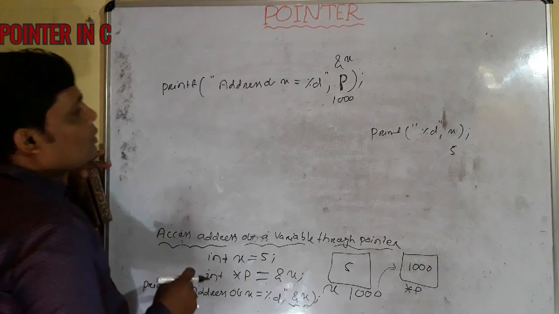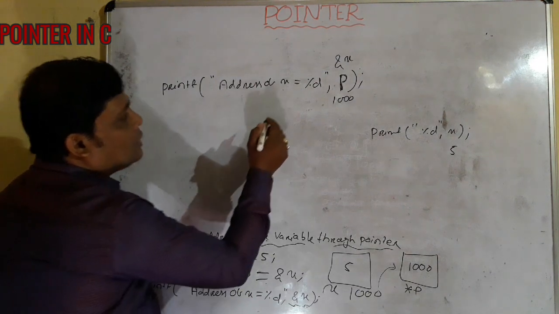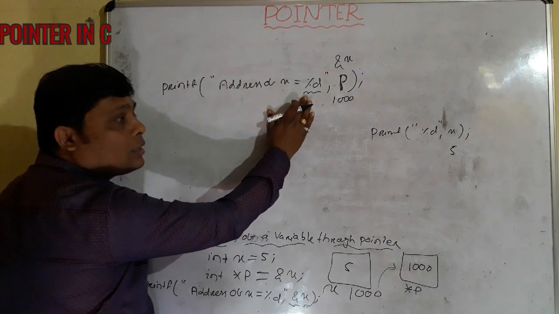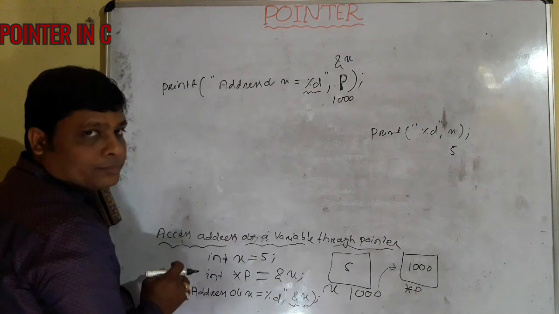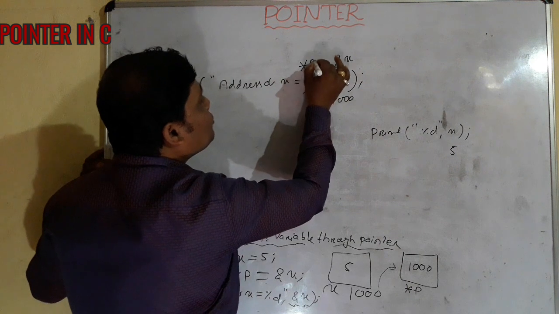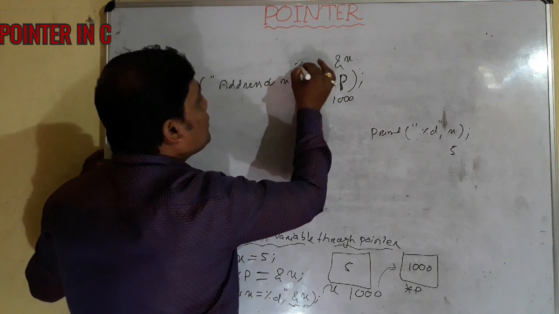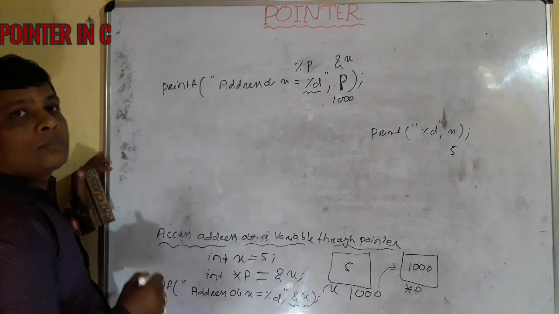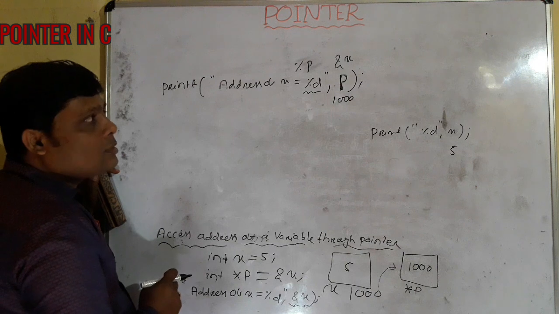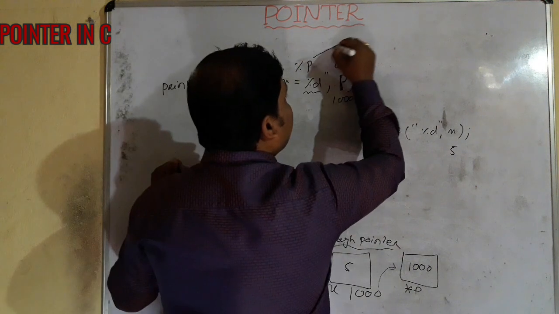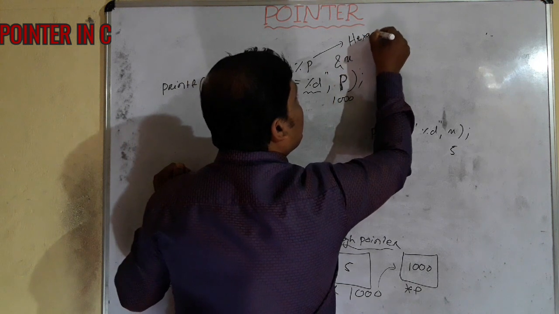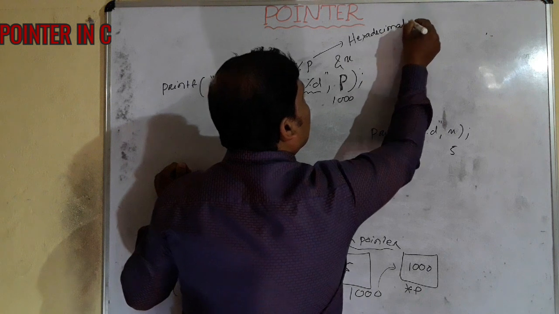Clear? Now I have used %d. It will display the address in integer format. You can use %p also, to display the address. Clear? With %p, it will display the address in hexadecimal format.